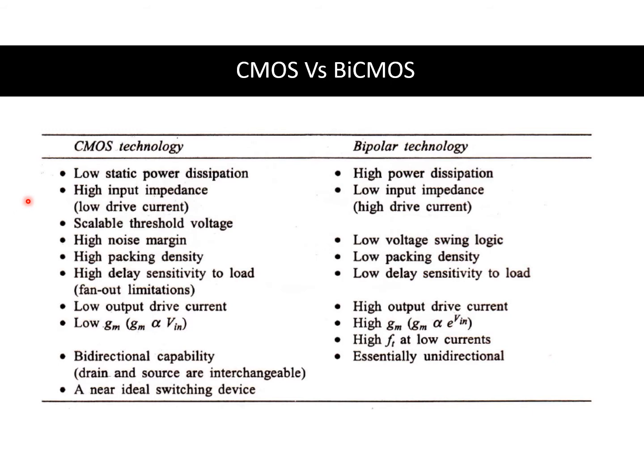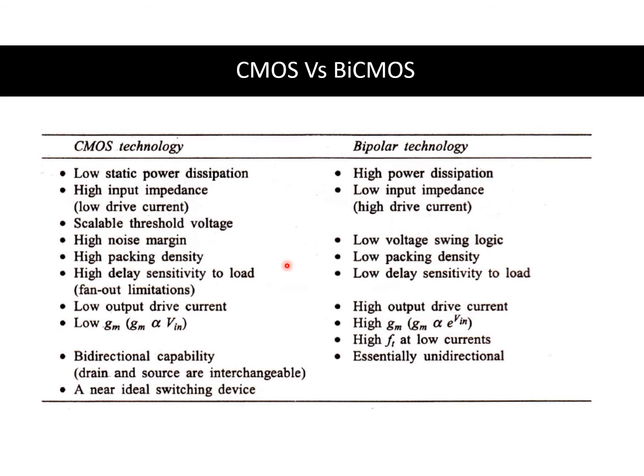So when we compare CMOS technology with bipolar technology, CMOS technology offers low static power dissipation, whereas bipolar offers higher power dissipation. And CMOS has high input impedance, whereas bipolar offers low input impedance. CMOS has a high noise margin, whereas bipolar has low noise margin.